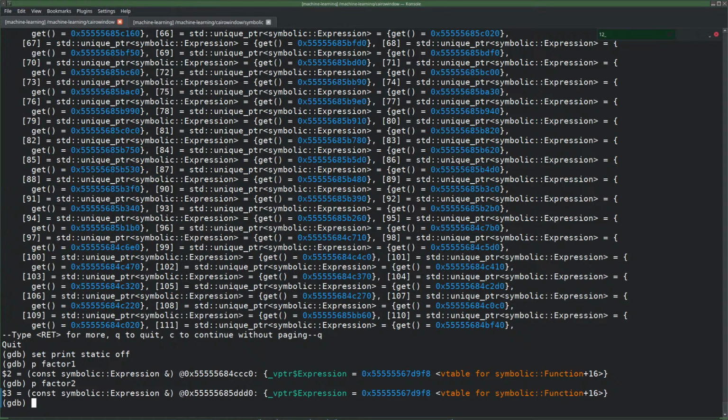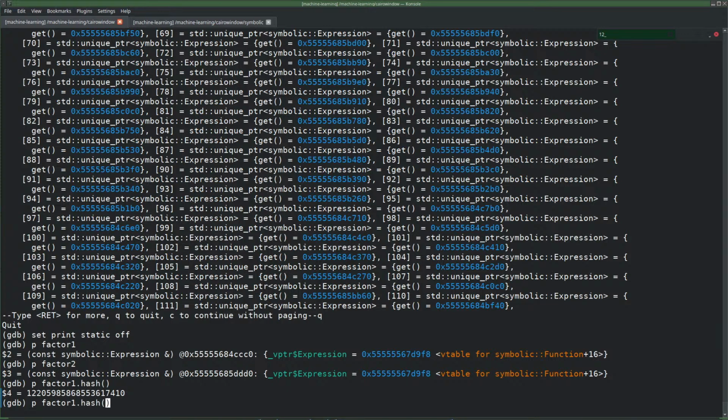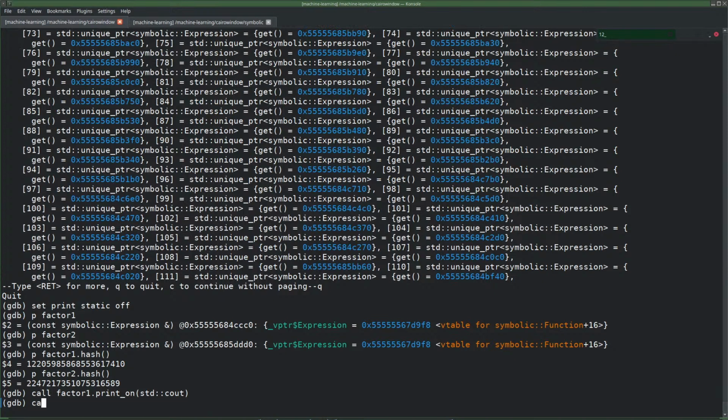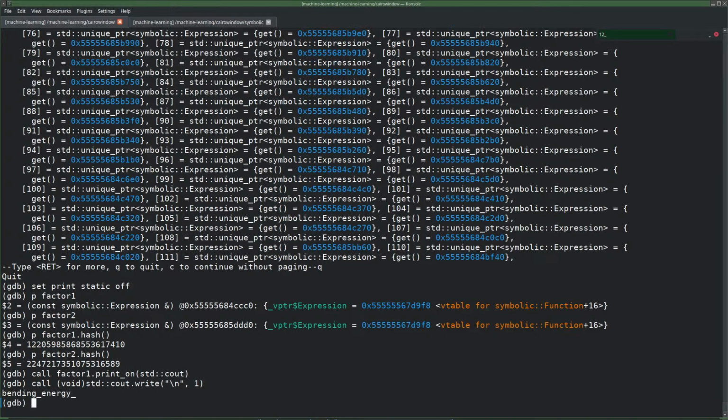Both functions have different hashes. Bending energy.